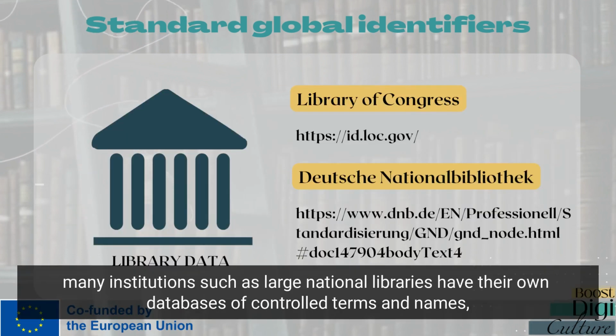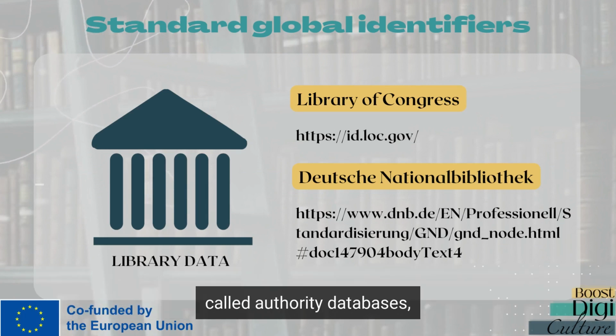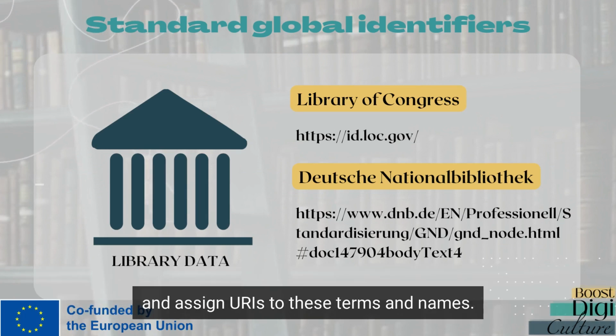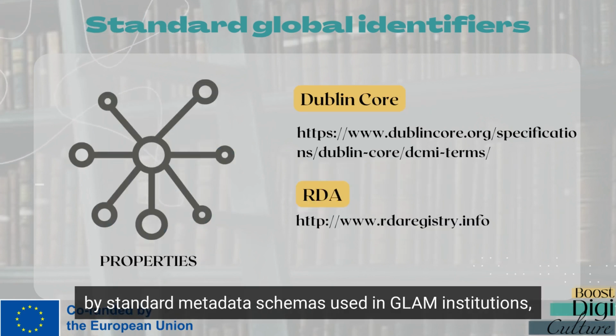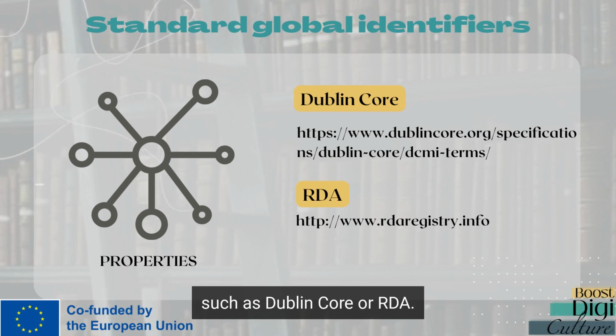In addition, many institutions, such as large national libraries, have their own databases of control terms and names called authority databases and assign URIs to these terms and names. And URIs for relationships are provided by standard metadata schemas used in GLAM institutions, such as Dublin Core or RDA.